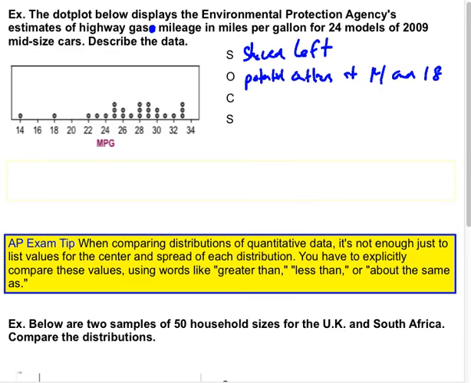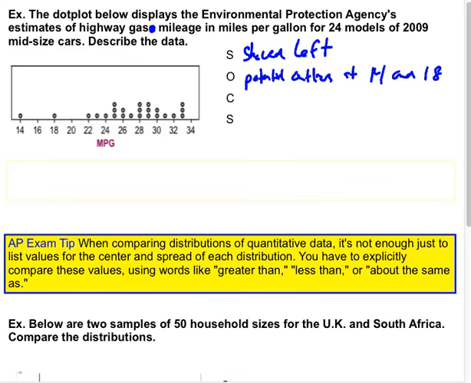Center. So for center, we're going to be talking about the median. Well, let's think about this. So 24 models. Okay, so remember when we had an even amount, it was in between the halfway point and the next one. So half of 24 is going to be 12 and 13. Okay, so because it's an even amount, it's going to be in between the 12th and 13th data point.